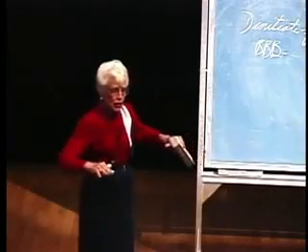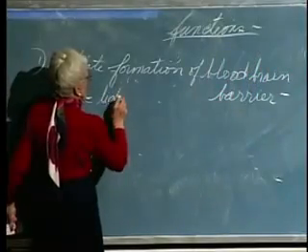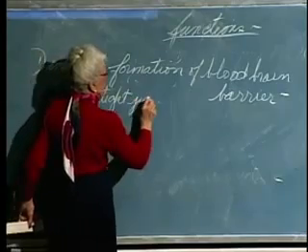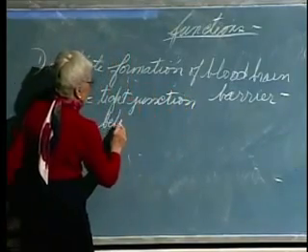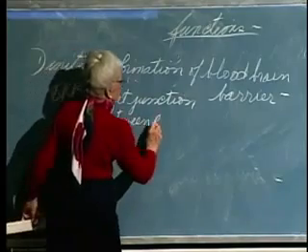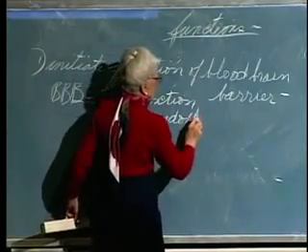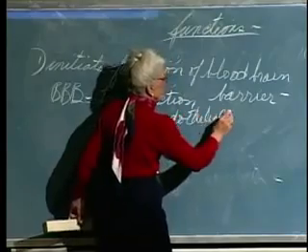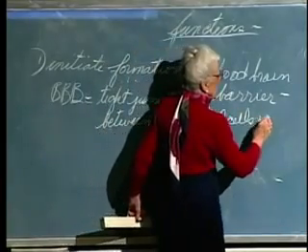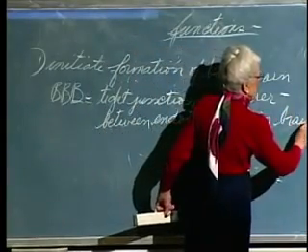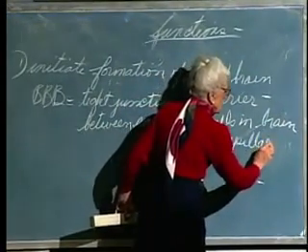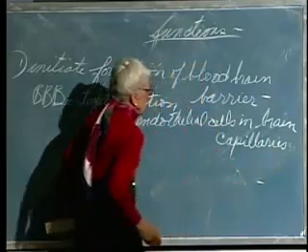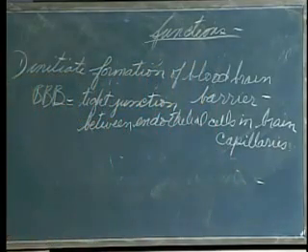And so we have a barrier, and the barrier equals the tight junction between endothelial cells in brain capillaries. Other capillaries don't have tight junctions.